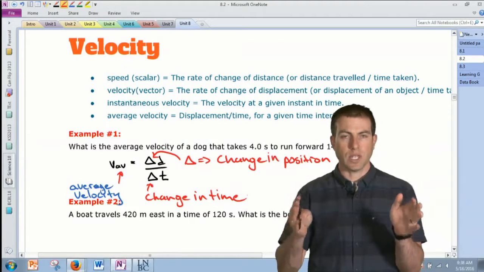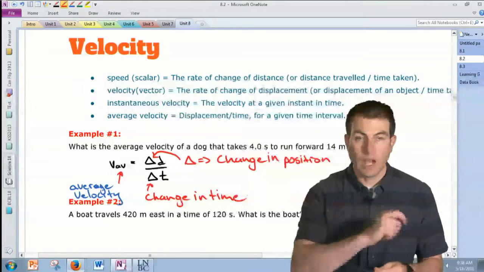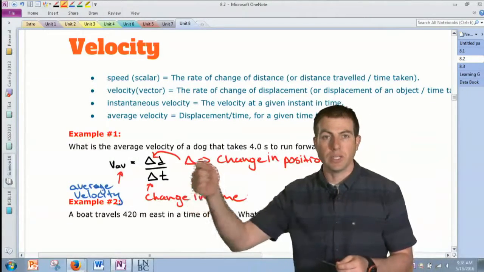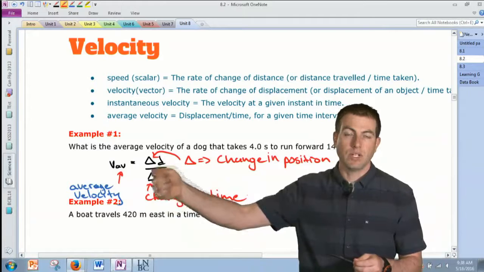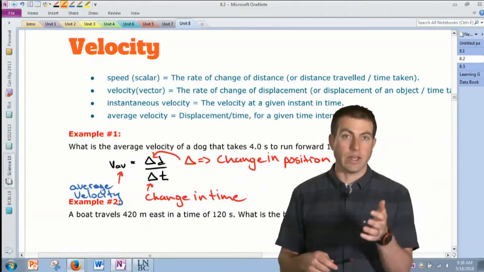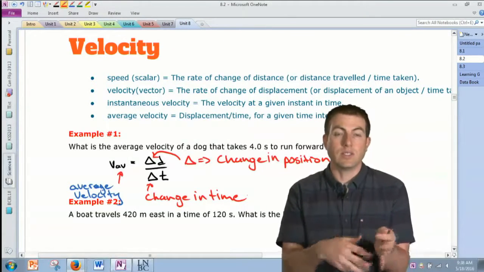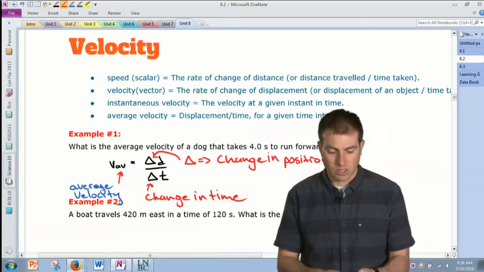The same thing goes for time. The time is 4 seconds. It doesn't say the timer was going, the person started running at 10 seconds, and then we finished the race at 15 seconds. No, it just says it took 4 seconds. So the initial time you're dealing with is just 0. It doesn't say it, but it's implied in the question.